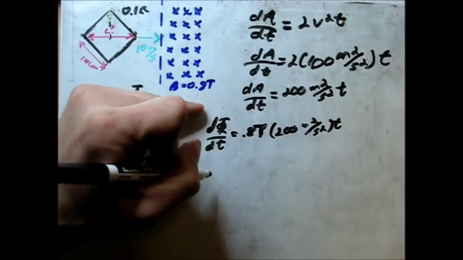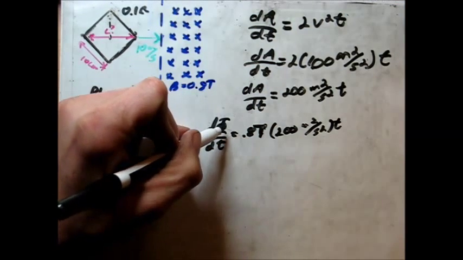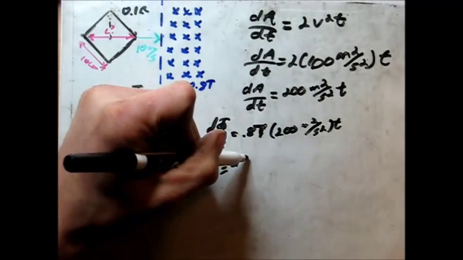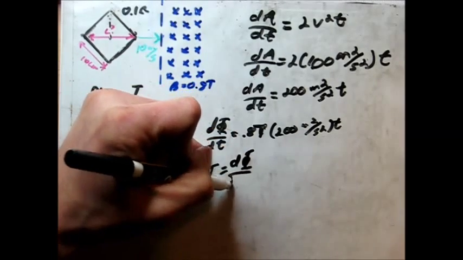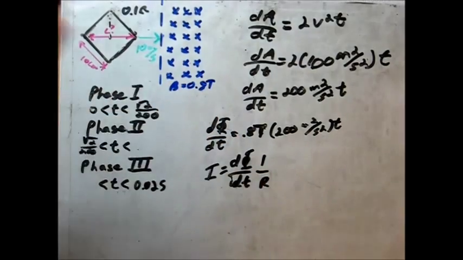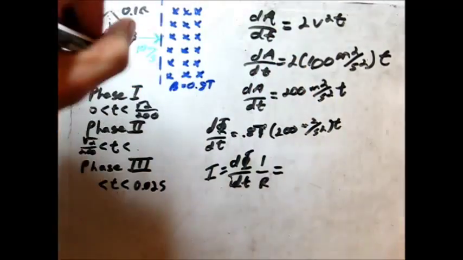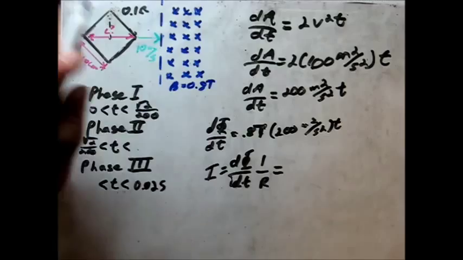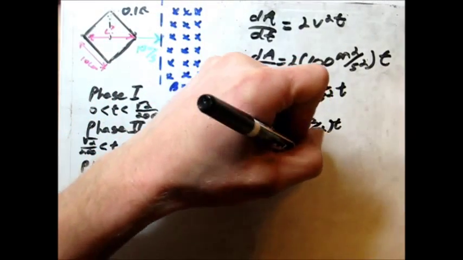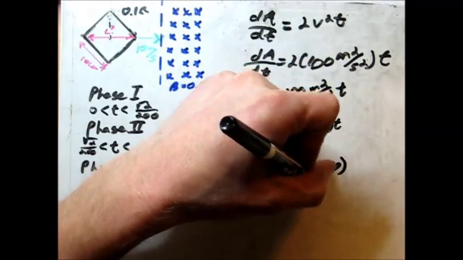We stated that our current is equal to the change in flux with respect to time times 1 over R, because we take the voltage divided by resistance to get current, and since our resistance is 0.1 ohms, that ends up being 8 times 200, times t.